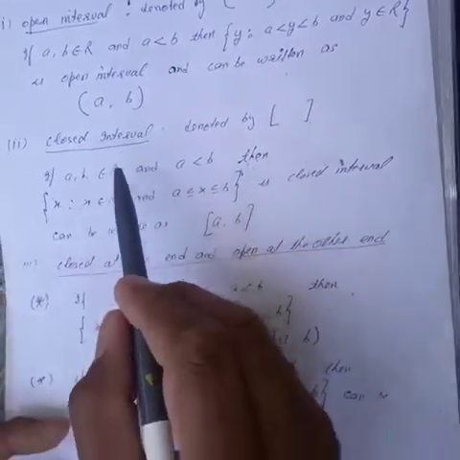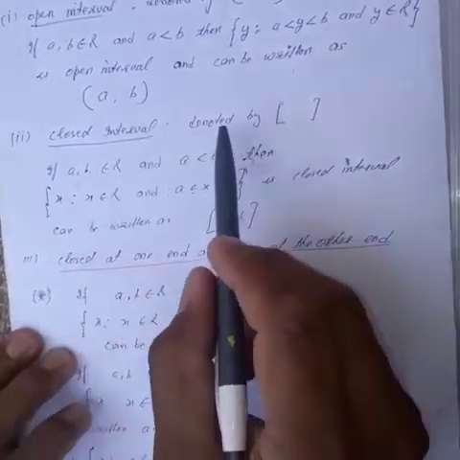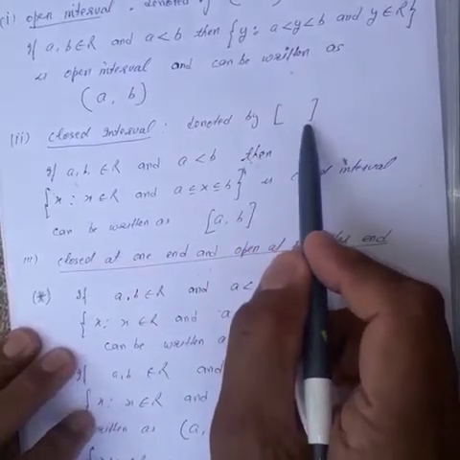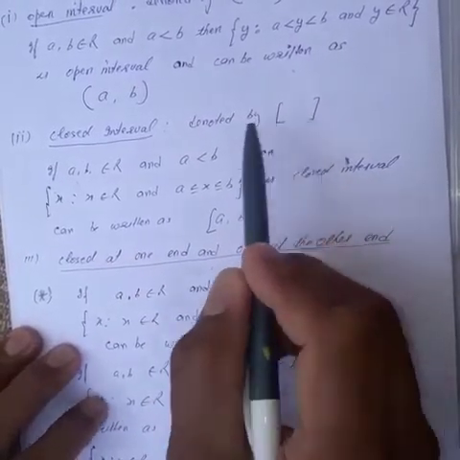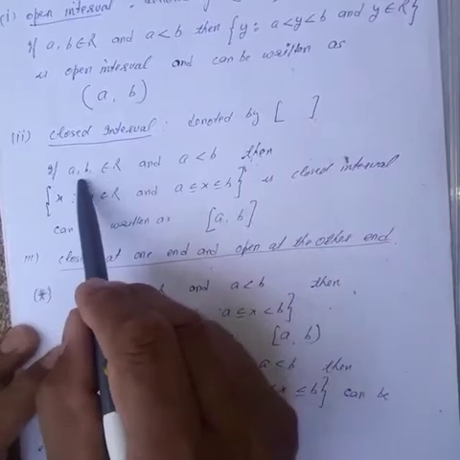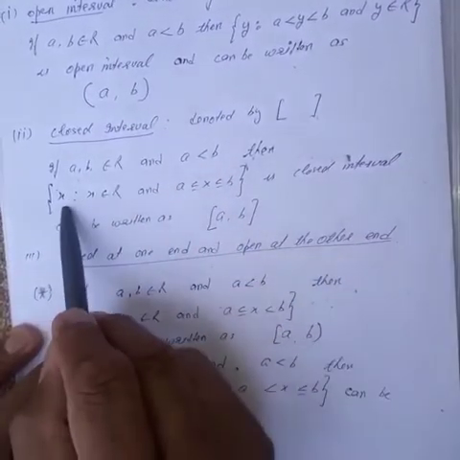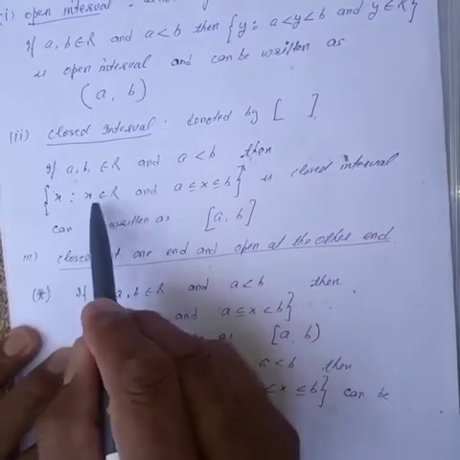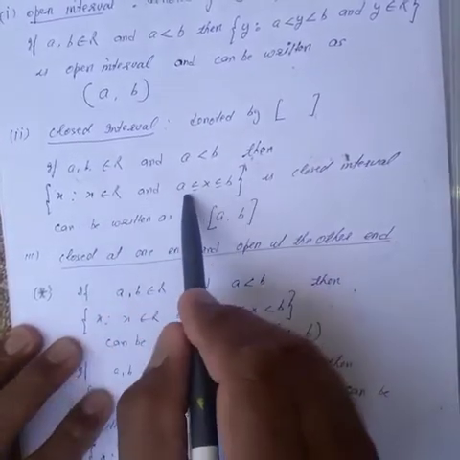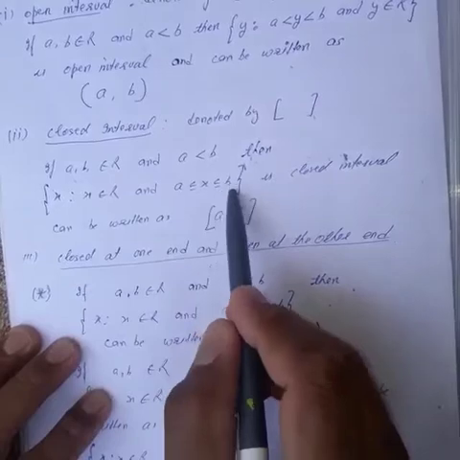Now the next is closed interval. It will be denoted by these square brackets. Now consider the same values a and b belonging to R where a is less than b. Then the set of all x where x is a real number and a is less than or equal to x less than or equal to b.